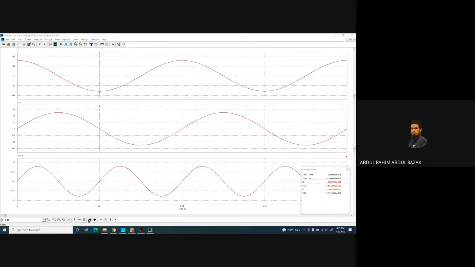Then, if we have the curve overlapping voltage and current, we can comment on how many degrees the current or the voltage is leading or lagging each other. So that is the quantitative side, the facts and figures that we observe, that we comment on. Can you see?